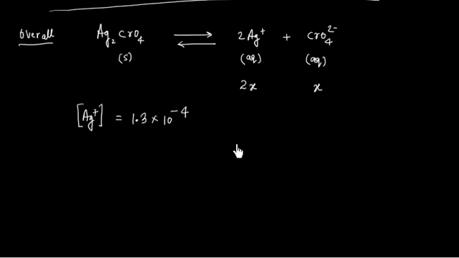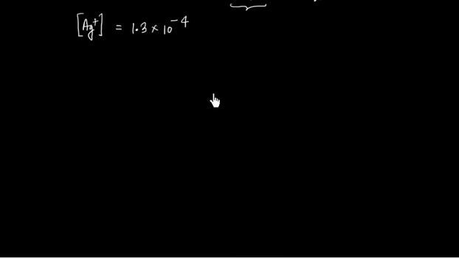That is the value of 2x, because the concentration of Ag+ is 2x. So we can equate this: 2x equals 1.3 × 10^-4. So x is 0.65 × 10^-4.